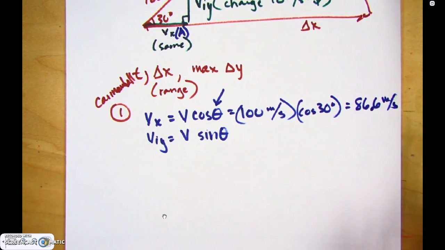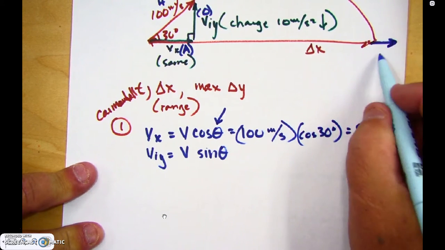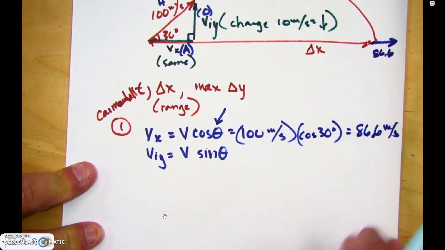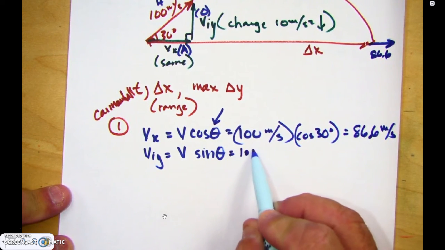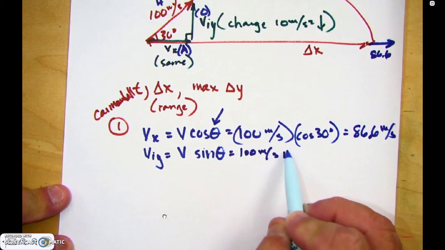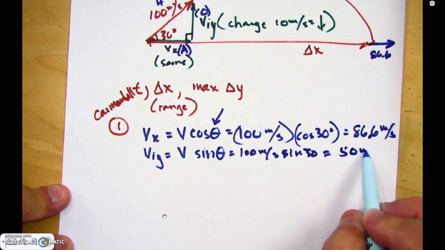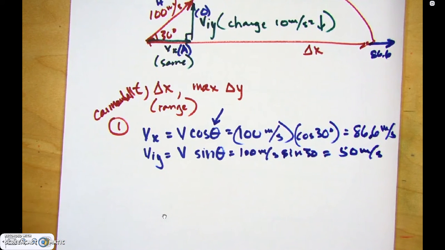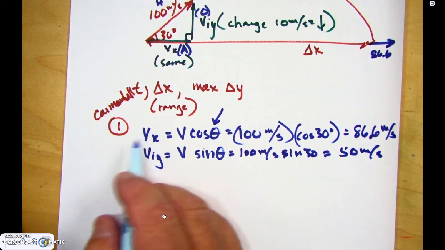That's going to stay the same. When it hits the ground, this is 86.6. Right here, this is also 86.6. That's not changing. Now, 100 meters per second times the sine of 30 is equal to 50 meters per second. That is going to change. It's going to change by 10 meters per second.